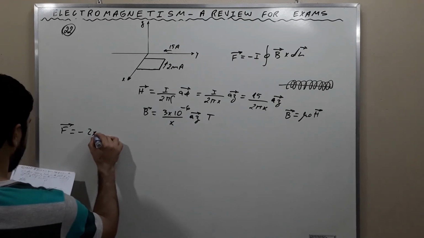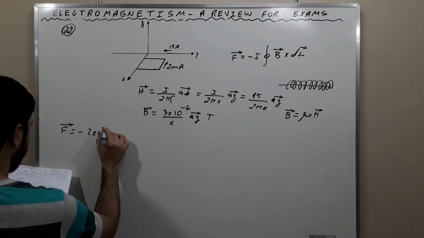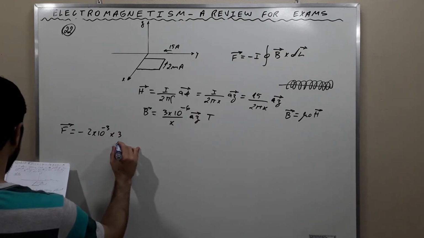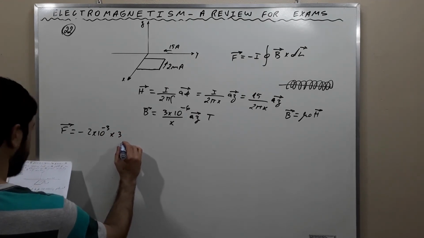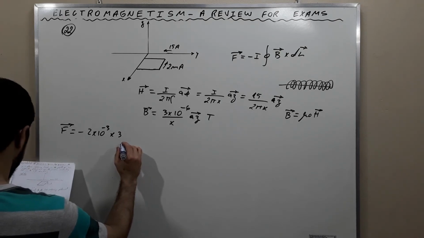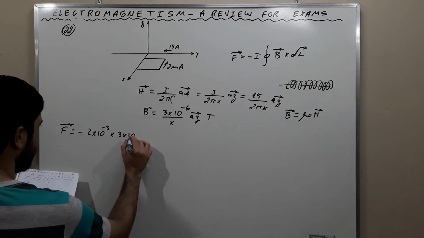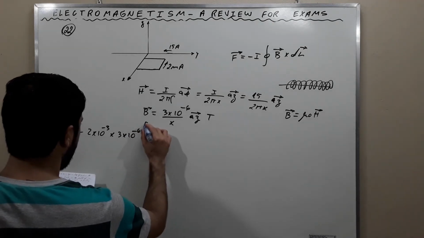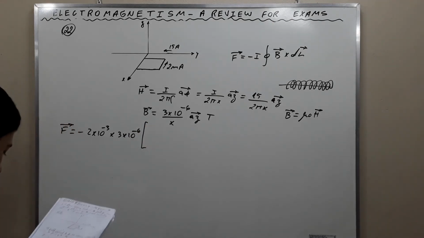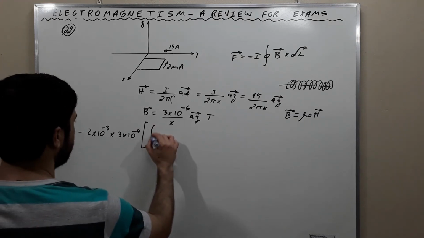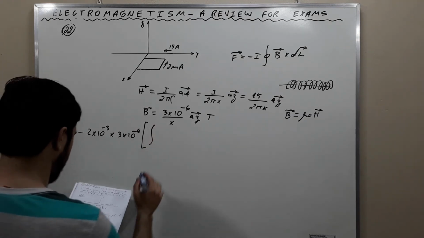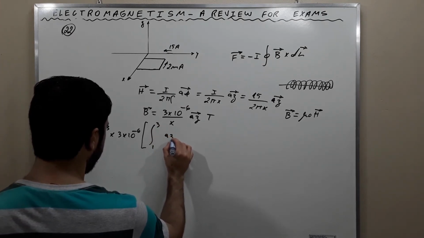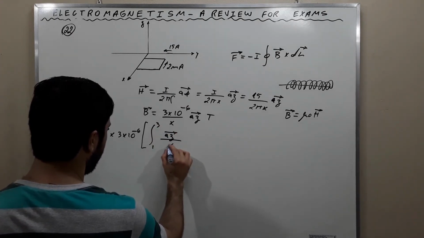2 times 10 to the negative 3 amperes times 3 times 10 to the negative 6. And now the integrals. The integral from 1 to 3 of az over x.